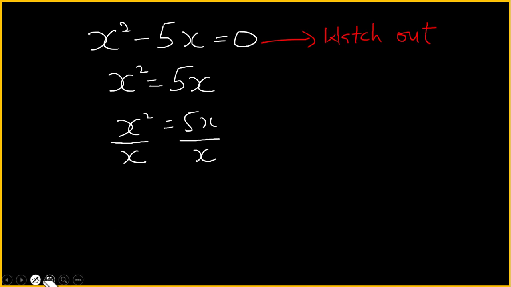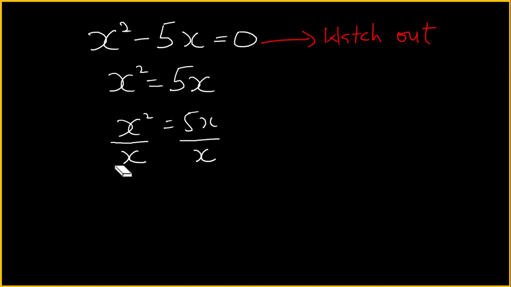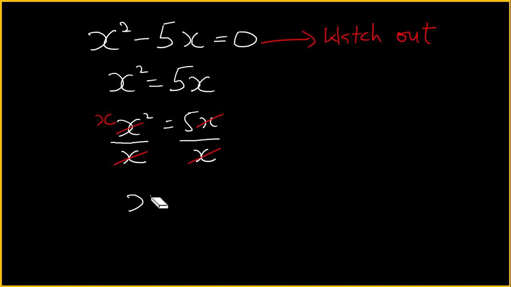One of the x's gets rid of this, so there is still x here, and then x cancels off x. So x is equal to 5, and they always conclude this way.